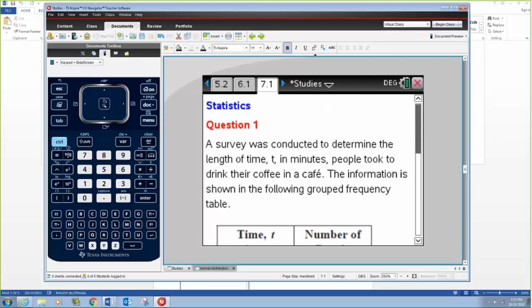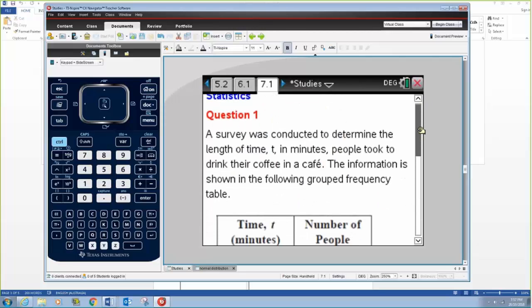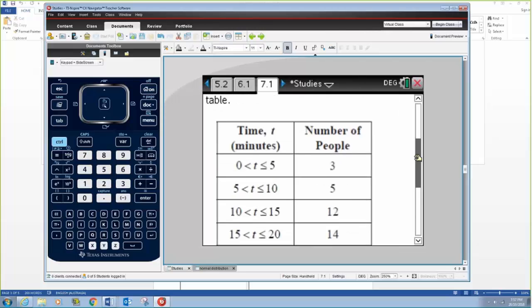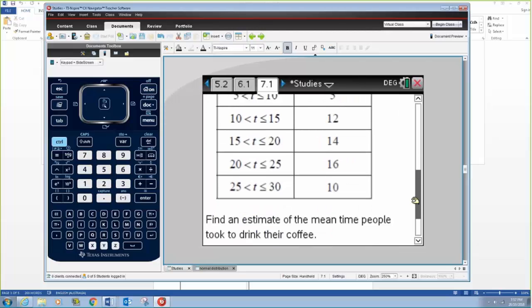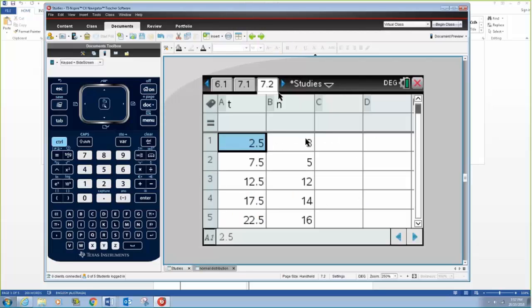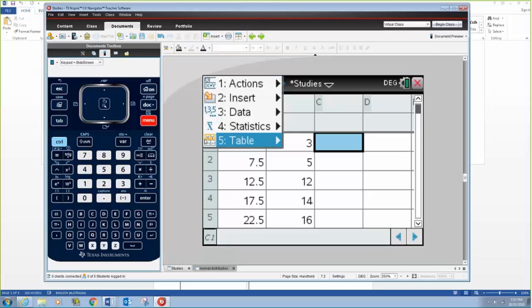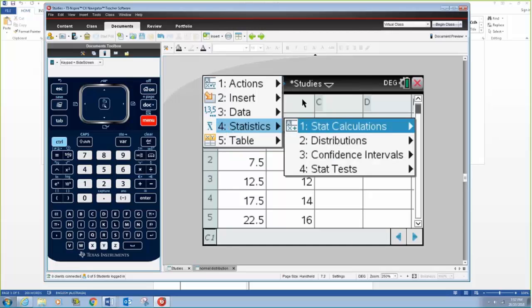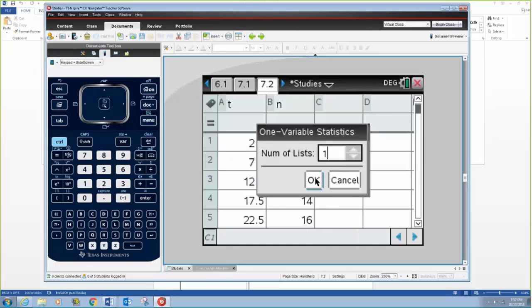The other question which causes a lot of problems is data given in frequency tables. They still struggle a bit with how to deal with the situation. So I have entered the data here, and I will do it in the spreadsheet. We go to stat calculations, one variable statistics, and again, as Pam said, number of lists is 1.